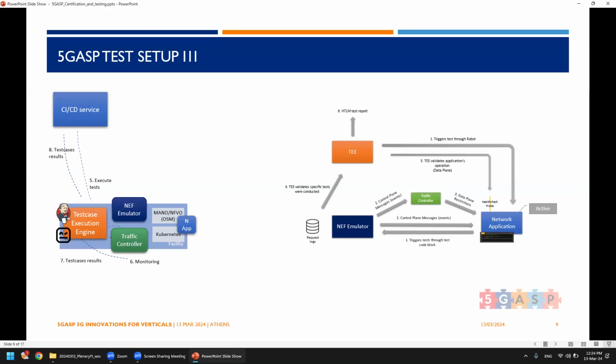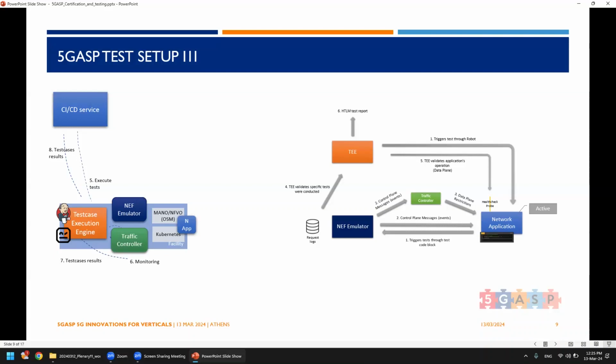The difference with the previous setup is that the test execution engine, again, will trigger the network application to interact with the 5G system via NEF. And this is, let's say, the bottom part of the screen, where the application, again, interacts with the NEF via an included piece of code.